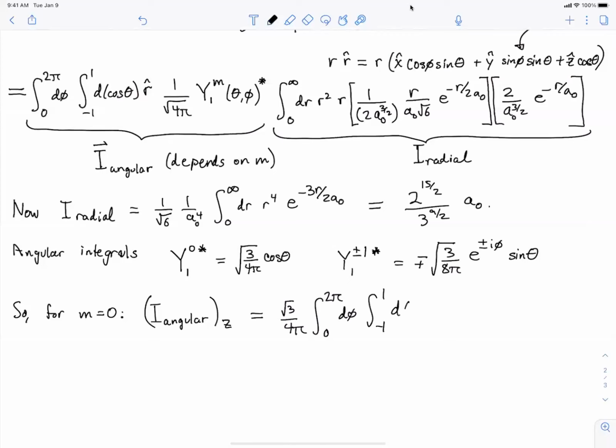And then finally our cosine theta part, which is cosine squared theta. That gives us a factor of 2/3. And so the whole thing is just 1 over the square root of 3.